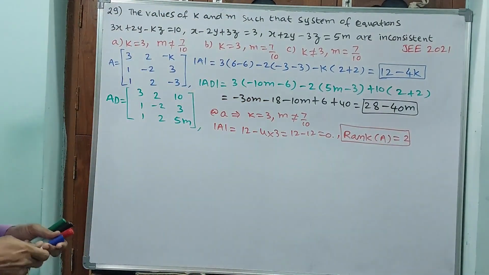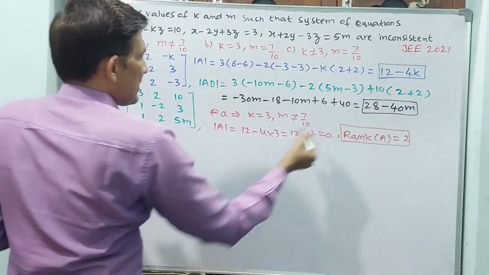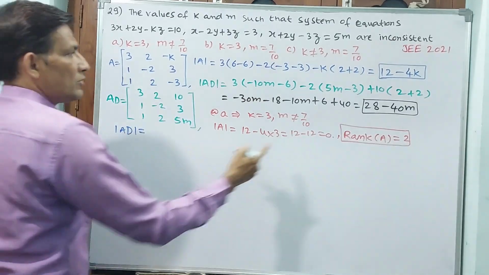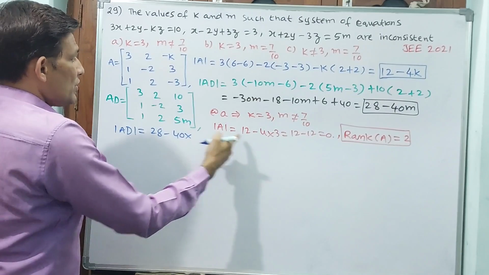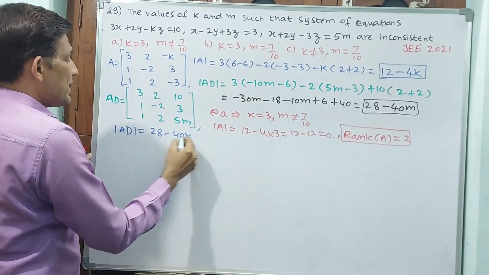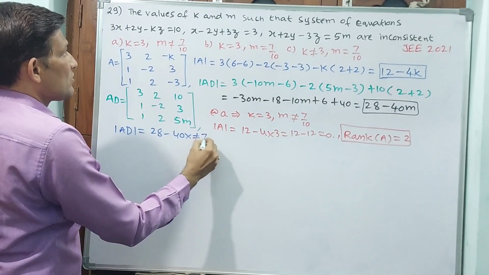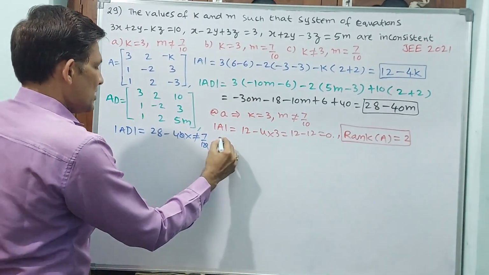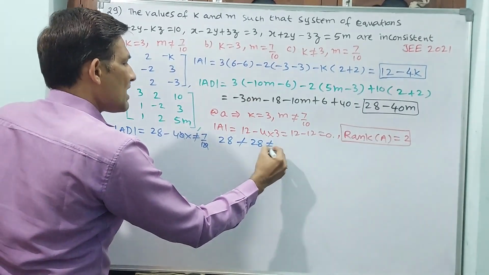Okay, this you keep in your mind. Now go for the rank of AD. Determinant of AD is equal to 28 minus 40 into m, not equal to 7 by 10. Ten is going to get cancelled out, that means 28 minus not 28, that is not equal to 0.